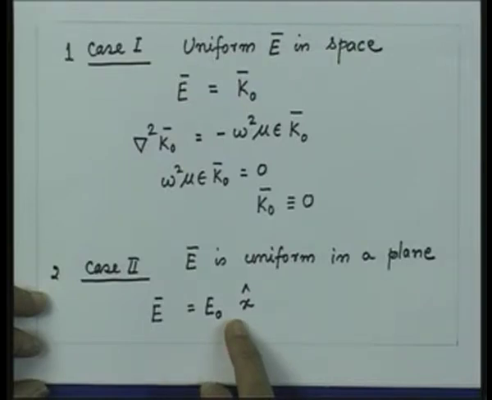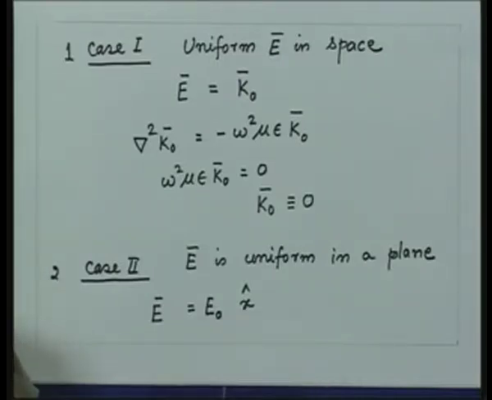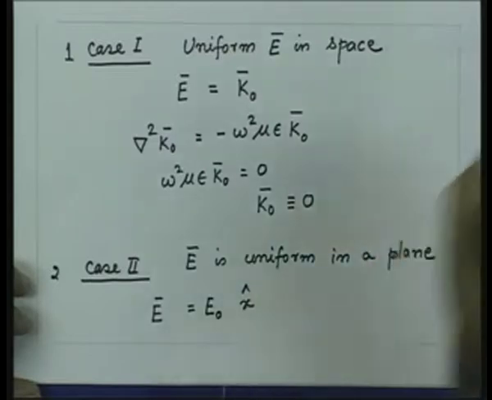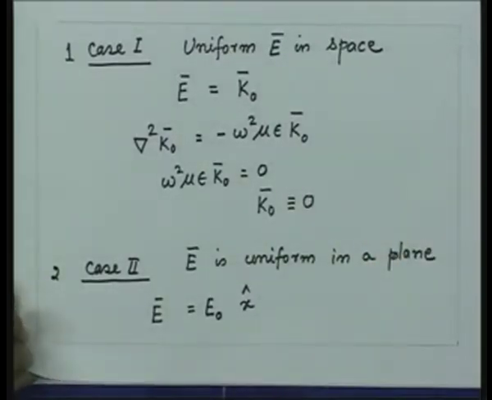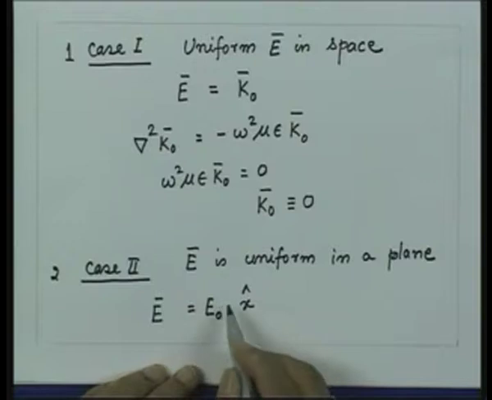So, if I consider now a case that the electric field which is oriented in x direction is constant in a plane containing the x axis, let us say the electric field now is varying in the x direction, in the direction of its orientation. So, let us say this quantity now is only a function of x.